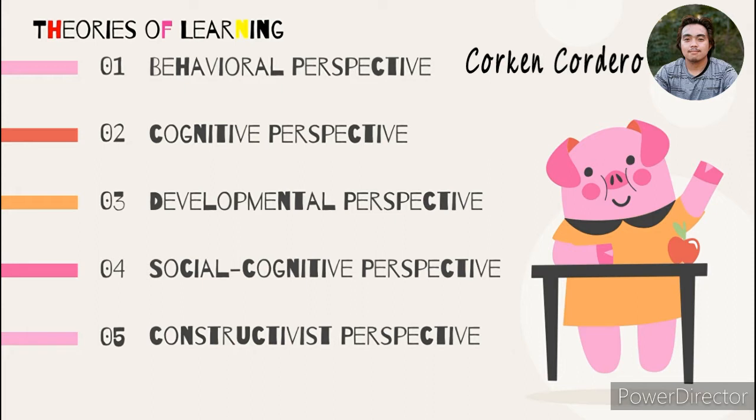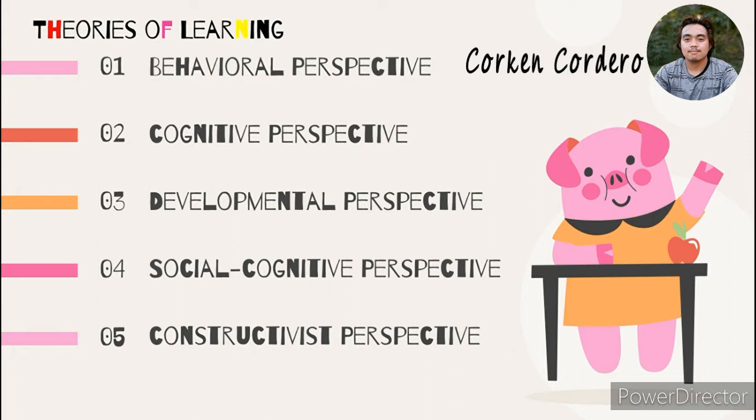In addition, the cognitive learning process is centered on the mental processes by which the learner takes in, interprets, stores, and retrieves information. These mental processes occur between stimulus, or input, and response, or output. The individual takes in the stimulus, processes it in their mind, and then acts upon the stimulus.